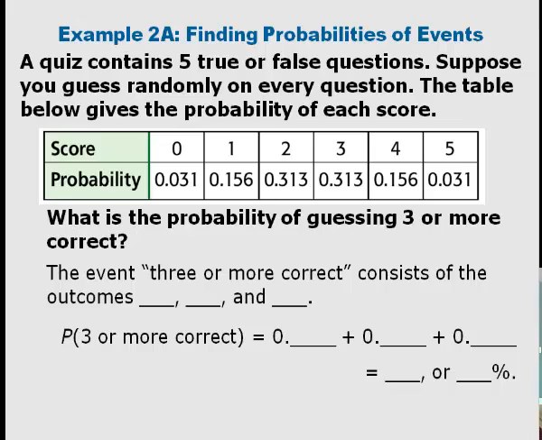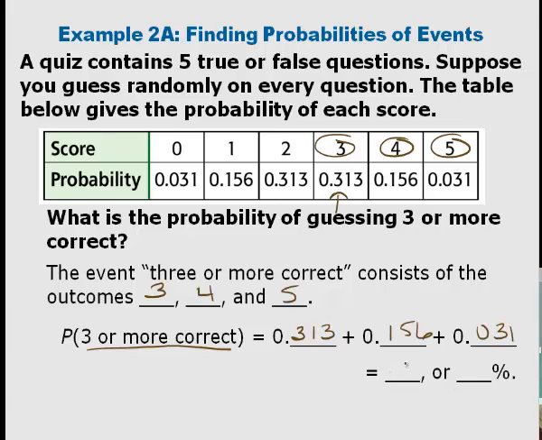Here's our notation. Probability of 3 or more correct. So correct would consist of the outcomes of 3, 4, or 5 correct. So the probability would be 313 thousandths plus 156 thousandths plus 31 thousandths.